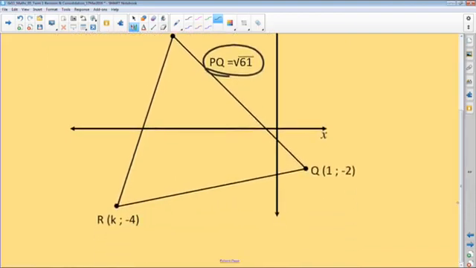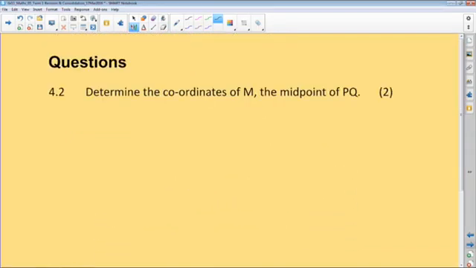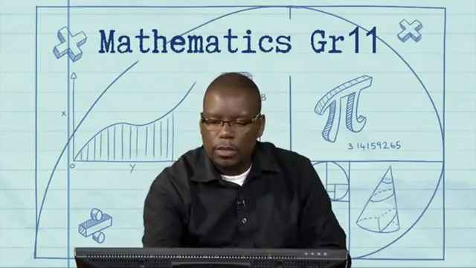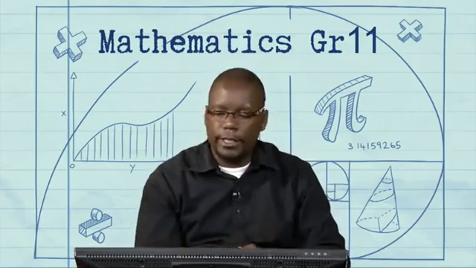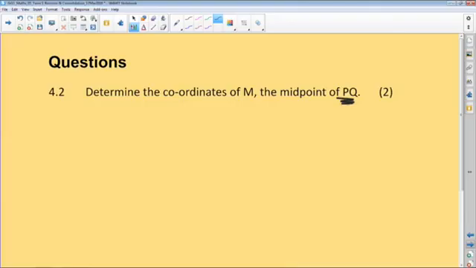Now, determine the coordinates of M, the midpoint of PQ. Remember, the midpoint is that point halfway between those 2 points, which are your P and Q. Let's go back.